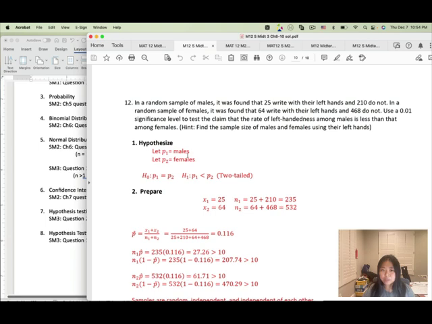It's going to make a difference from here. If I use P1 equal to males and P2 equal to females, my alternate hypothesis will be P1 strictly less than P2. But if you let it the other way around, that will be P1 greater than P2. So make sure for two populations, state what P1 and P2 are equal to.